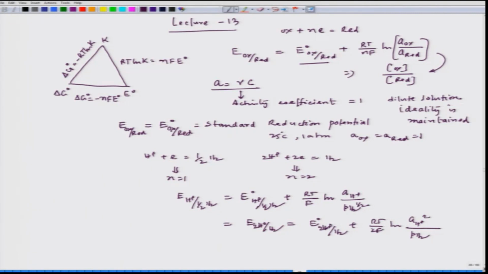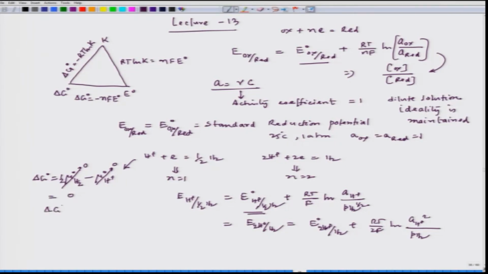Now, also we have tried to find out the value of this, and for example, for this reaction we get delta G0 equal to mu0 of H2 half minus mu0 of H plus, since we are considering half. As per convention, this is 0, this is also 0 in standard state, then we would get 0.